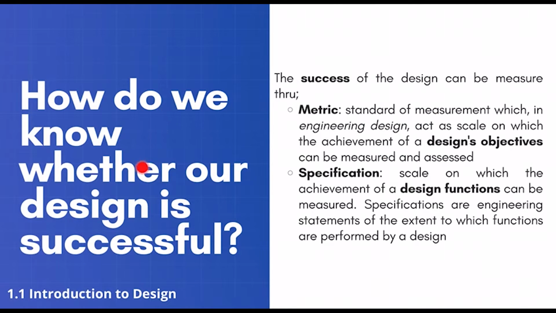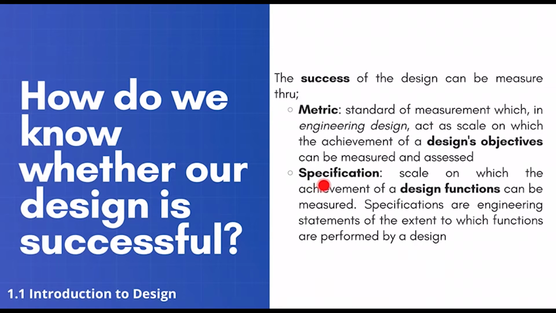How do we know whether our design is successful? The success of the design can be measured in two ways. One is by using the metric, which is a standard of measurement which in engineering design acts as a scale on which the achievement of a design objective can be measured and assessed.